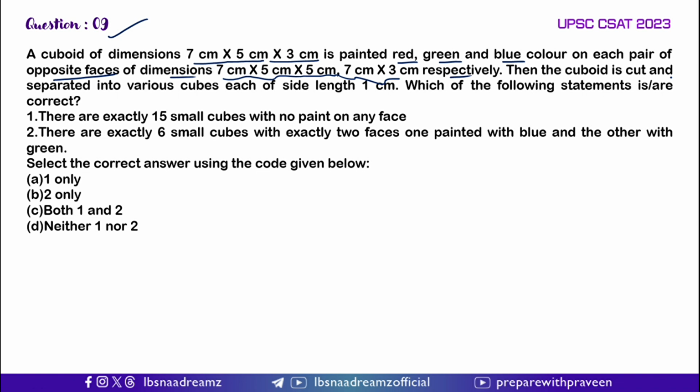Then the cuboid is cut and separated into various cubes, each of side length 1 cm. Which of the following statements is or are correct? So let us take this as length, width and height.